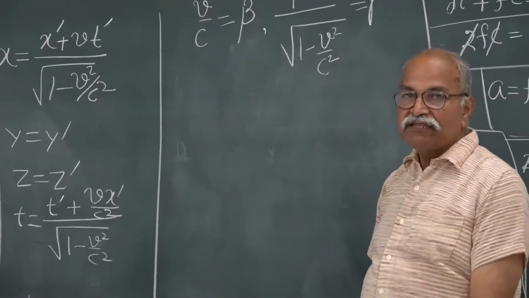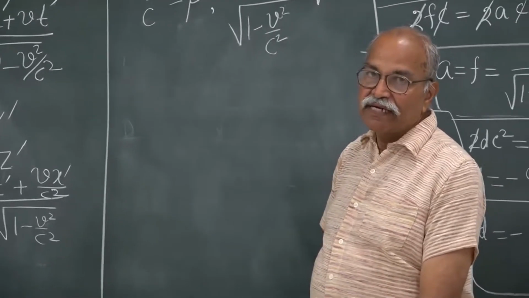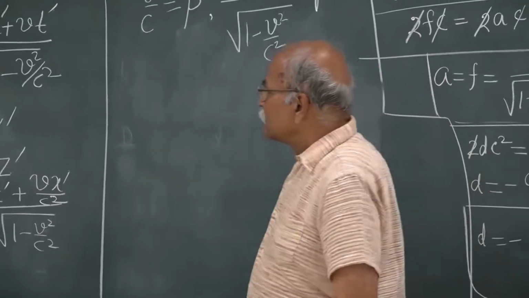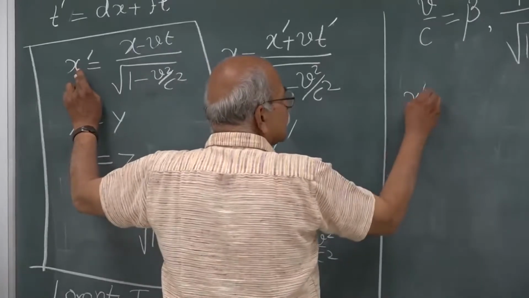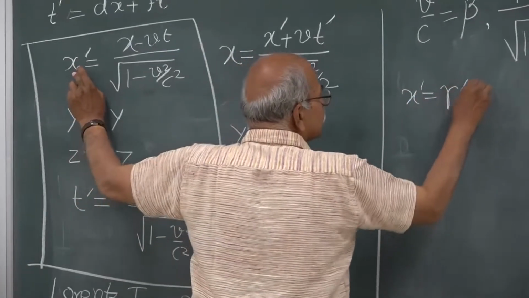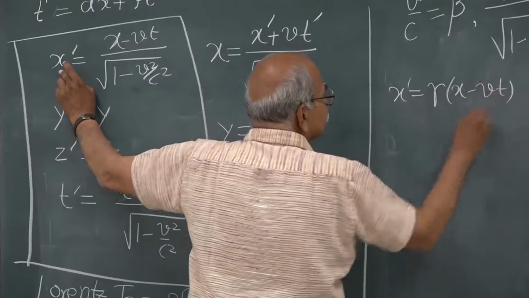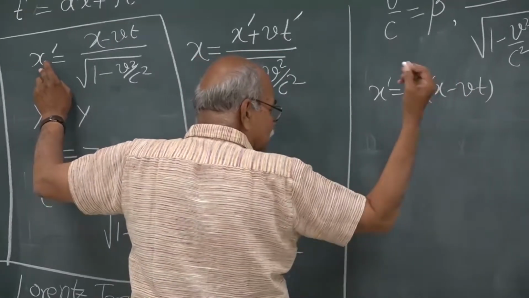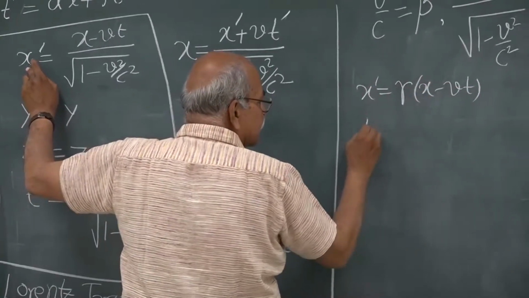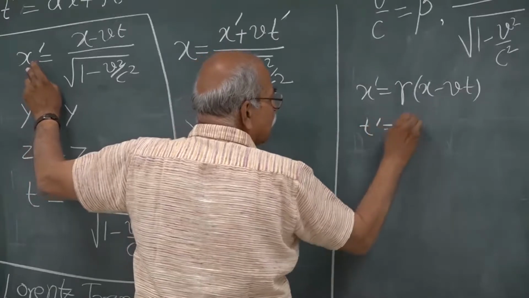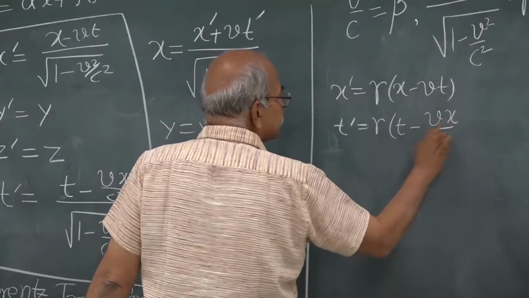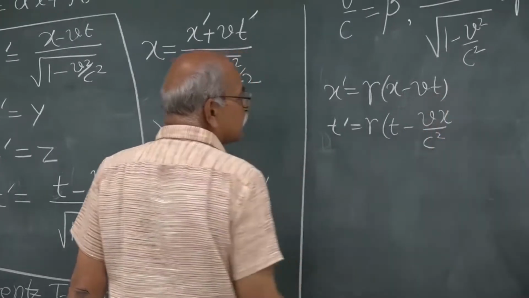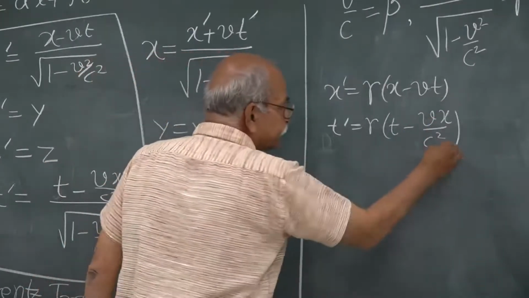In terms of these you can write x prime is equal to gamma times x minus v t, y prime is equal to y, z prime is equal to z, and t prime is equal to gamma times t minus v x by c square. So, these are the kind of symbols people often use.